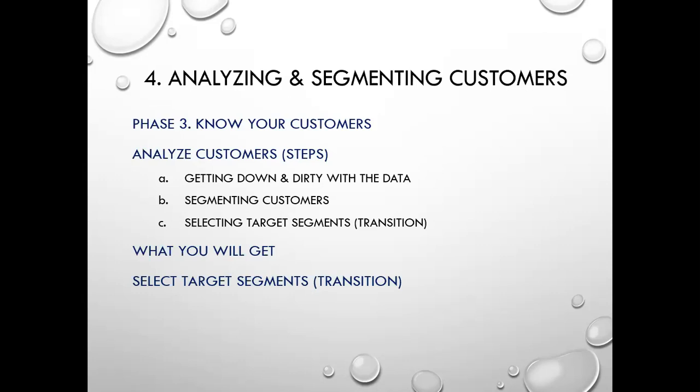This is the transition phase, and of course what we will get from this is select target customers. In getting down and dirty with the data, it means determine customer profiling and scoring model, optimize profile coverage, and its participants are the product team, database marketing team, and customer information management team.